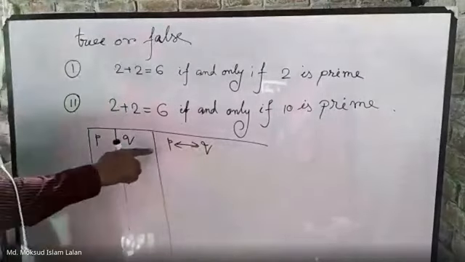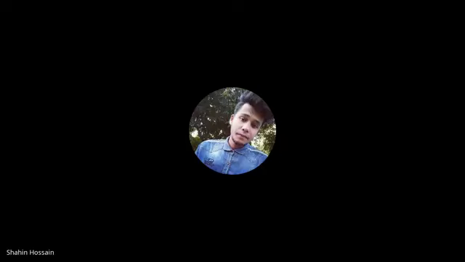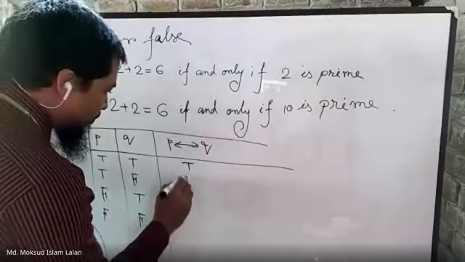The first one and the last one are true, both the same, TT and FF. Otherwise it is false. So this one is true, false, false, and true. Are you agree with me? Yes, sir.